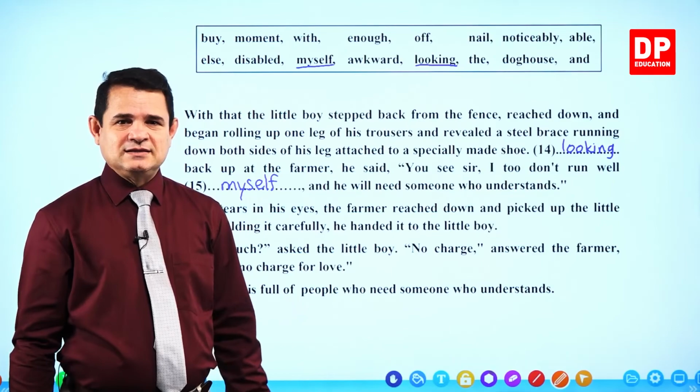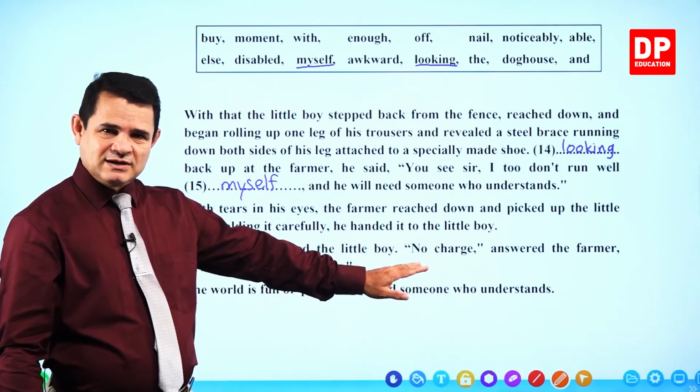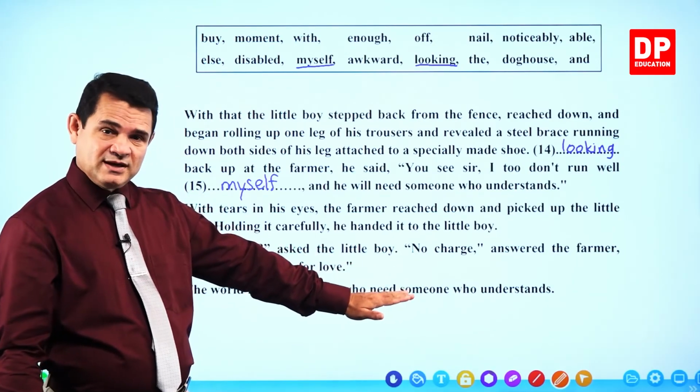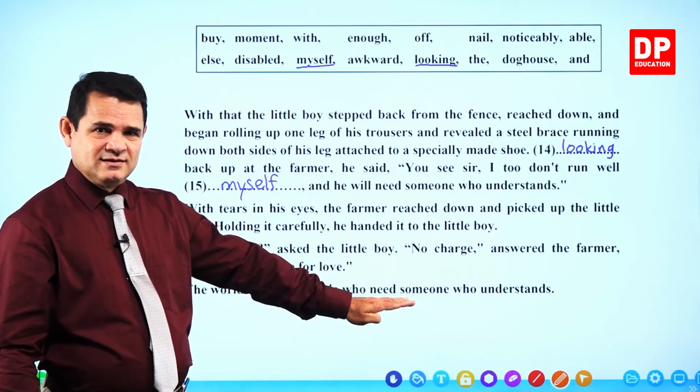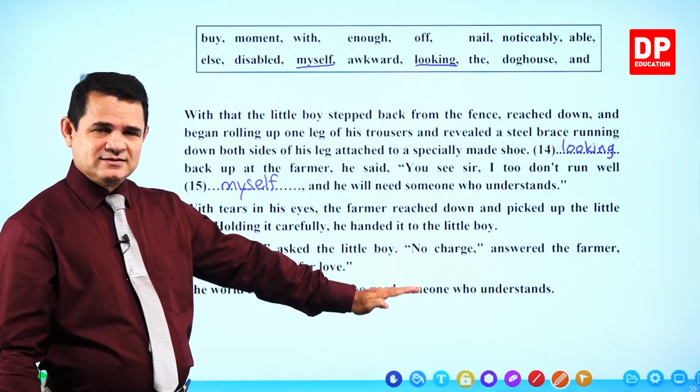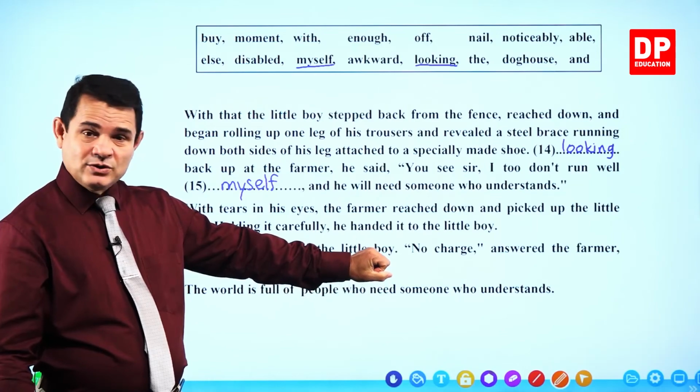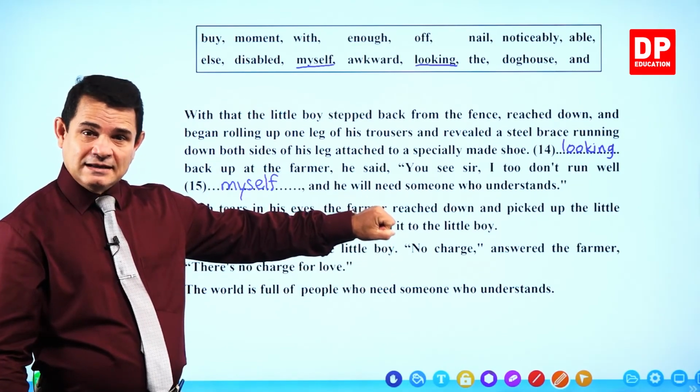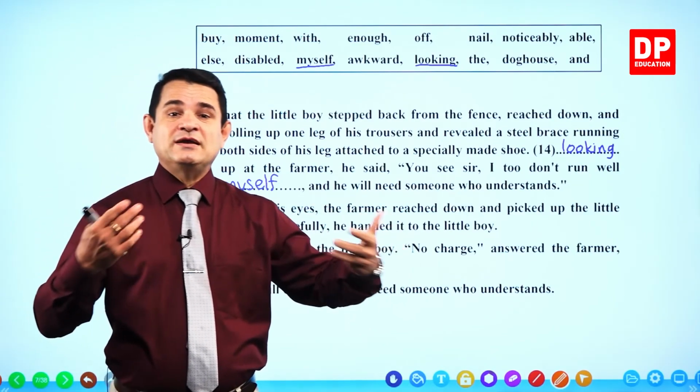You can't tell their inner background. That is what this story says. It's a nice story, giving a good moral, a good lesson for you and me.